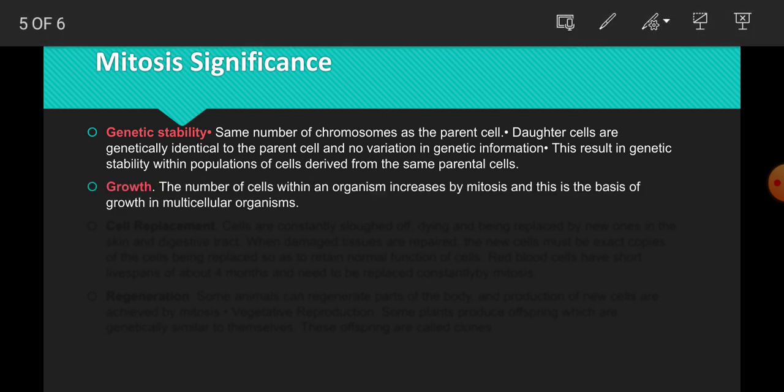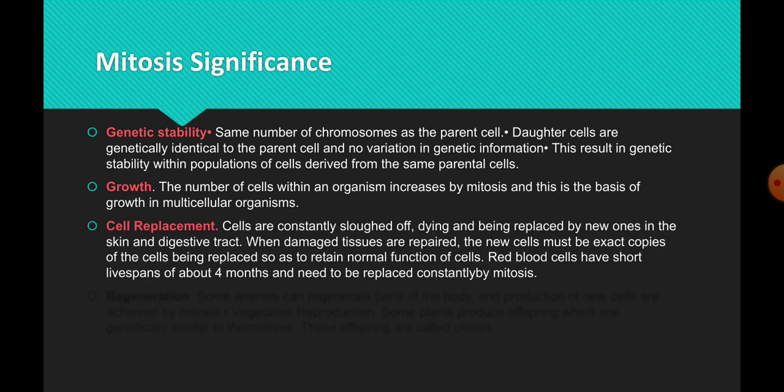Second, growth. The number of cells within an organism increases by mitosis, and this is the basis of growth in multicellular organisms. We are very little, but we are growing, and this growth is because of mitosis cell division. Third is cell replacement.